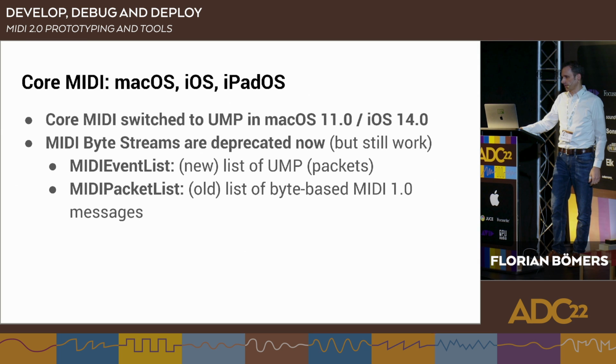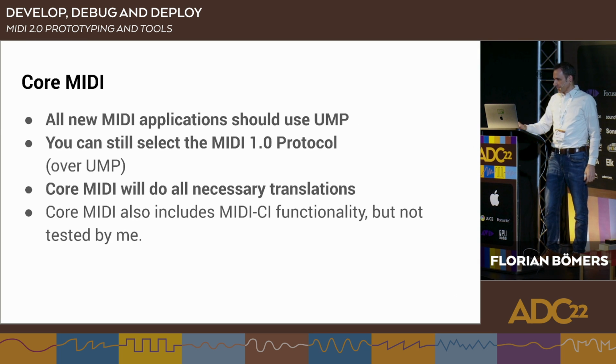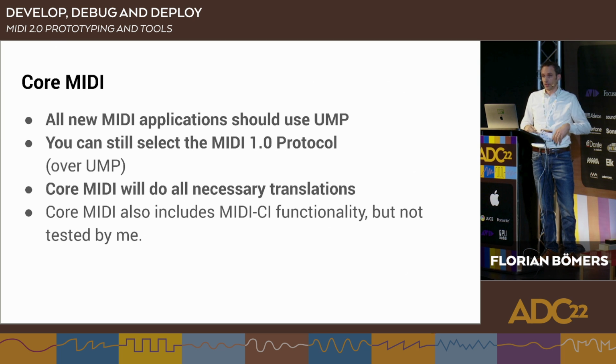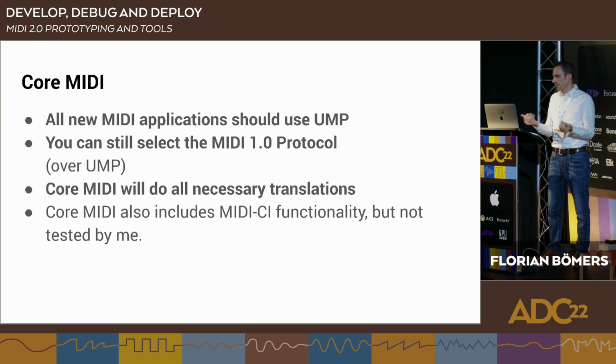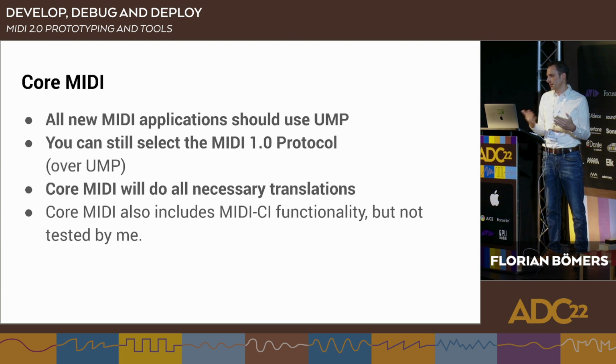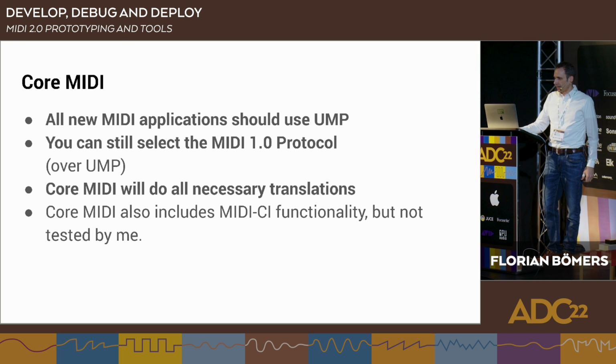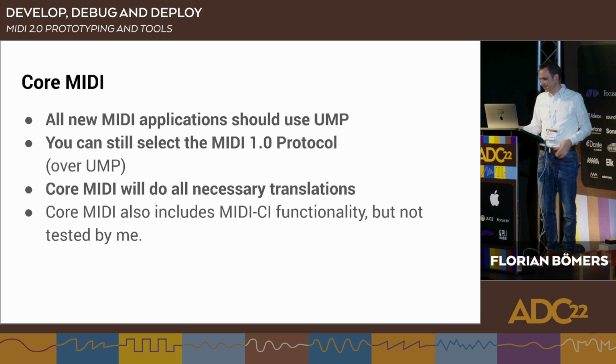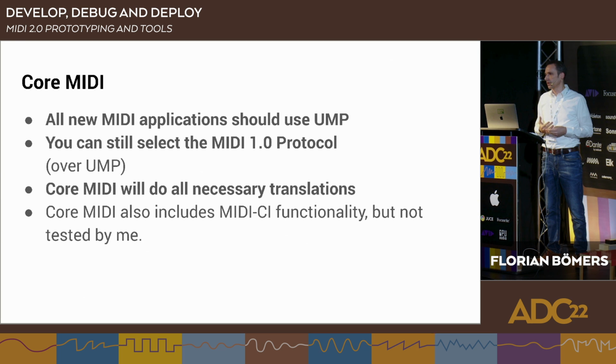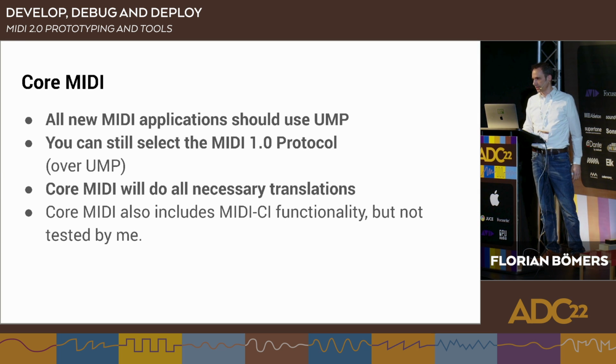So it's quite convenient. In general, I would say if you're developing a new application, go with UMP from the beginning. And if you want, you can still use MIDI 1.0 protocol. You can also use MIDI 2.0 protocol, and Core MIDI will take care of everything. Core MIDI has also MIDI-CI functionality, but I haven't tested it myself, so I don't know how well or how useful that is, because you can also implement your own MIDI-CI functionality in your own code.